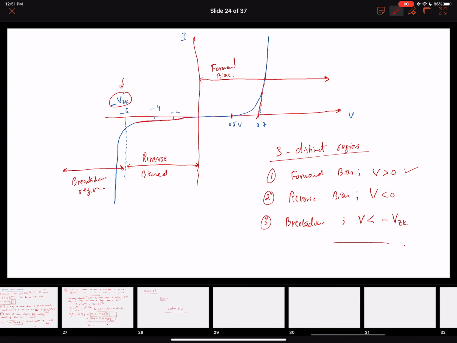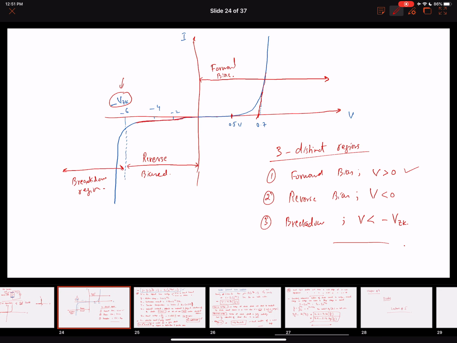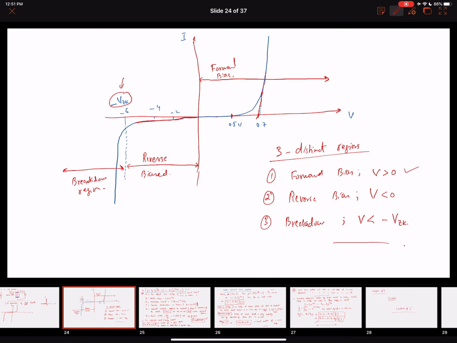We also saw that as the reverse voltage increases, our reverse current also increases until it reaches a particular voltage value called the breakdown voltage, beyond which we usually get the avalanche effect, and the diode enters the breakdown region.